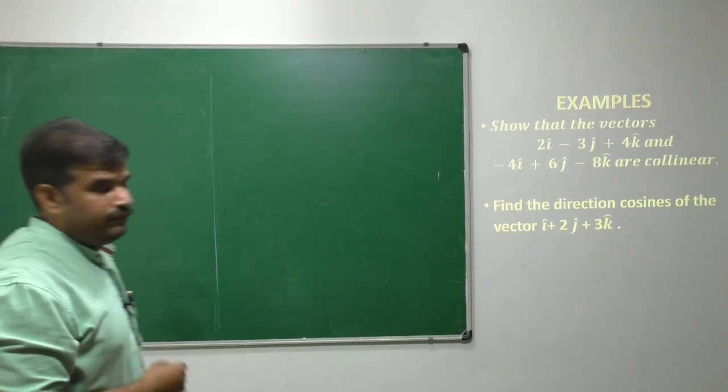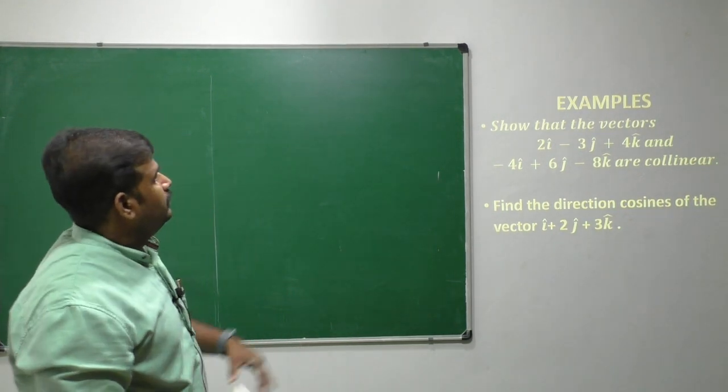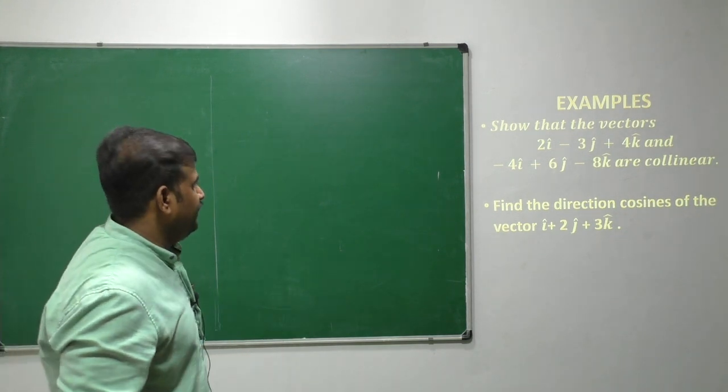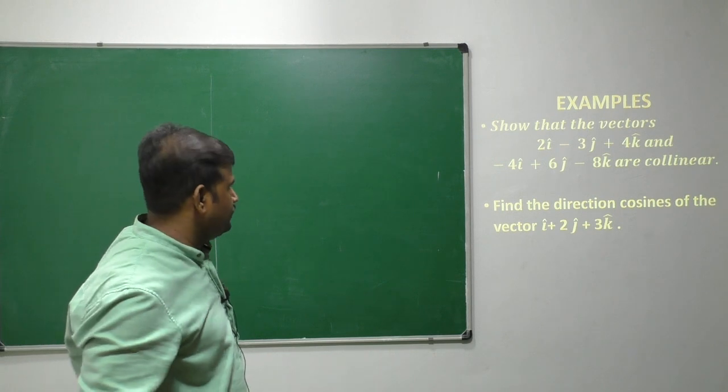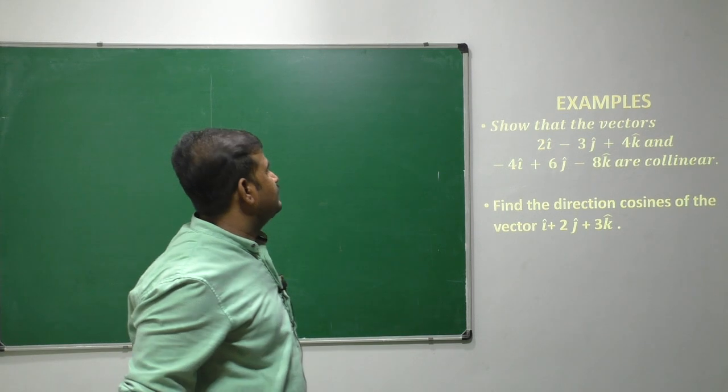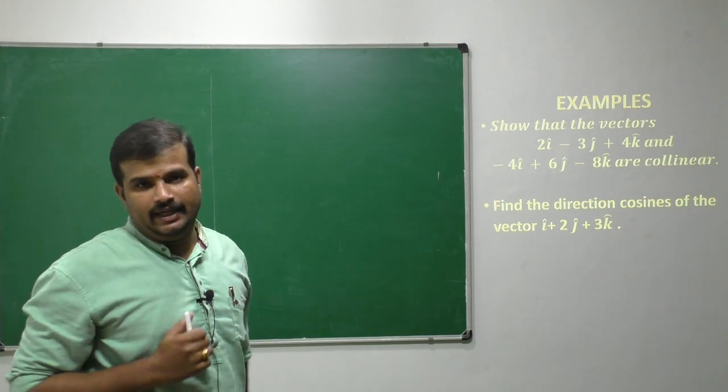Now we are going to discuss some problems based on these concepts. Show that the vectors 2i cap minus 3j cap plus 4k cap and minus 4i cap plus 6j cap minus 8k cap are collinear.